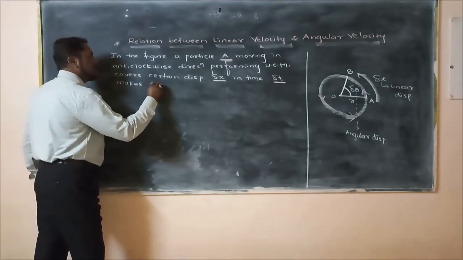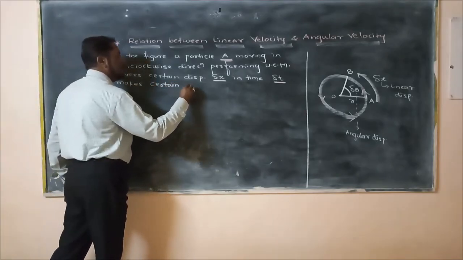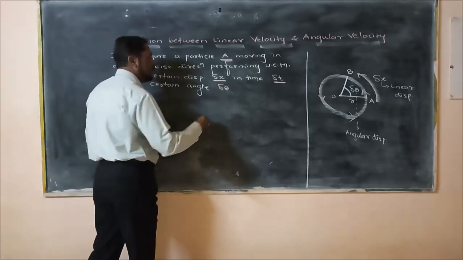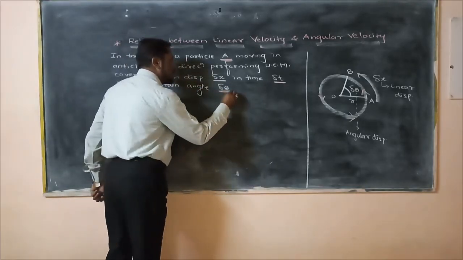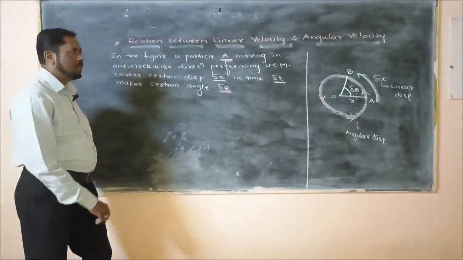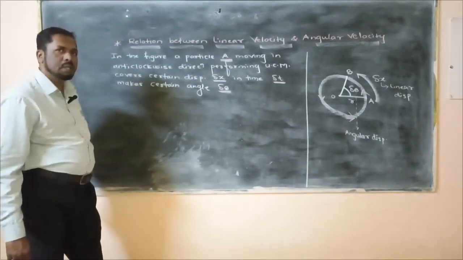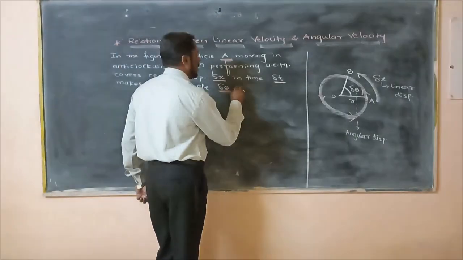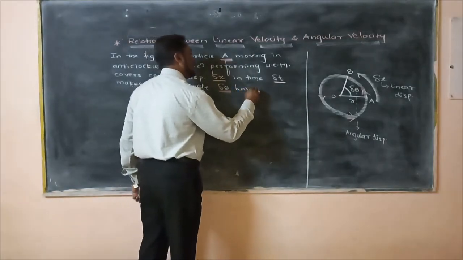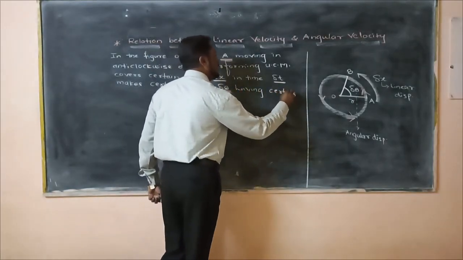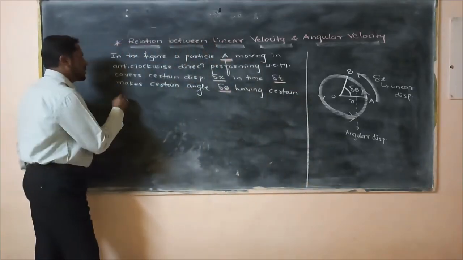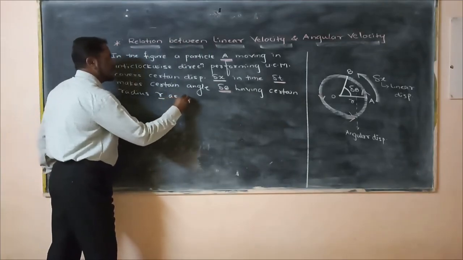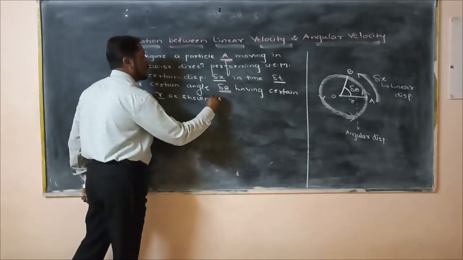It makes a certain angle delta theta, which is called the angular displacement, having a certain radius r as shown in the figure.